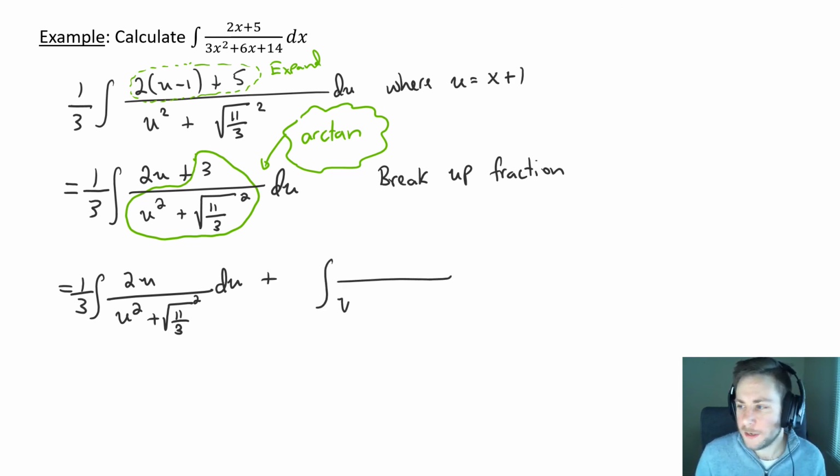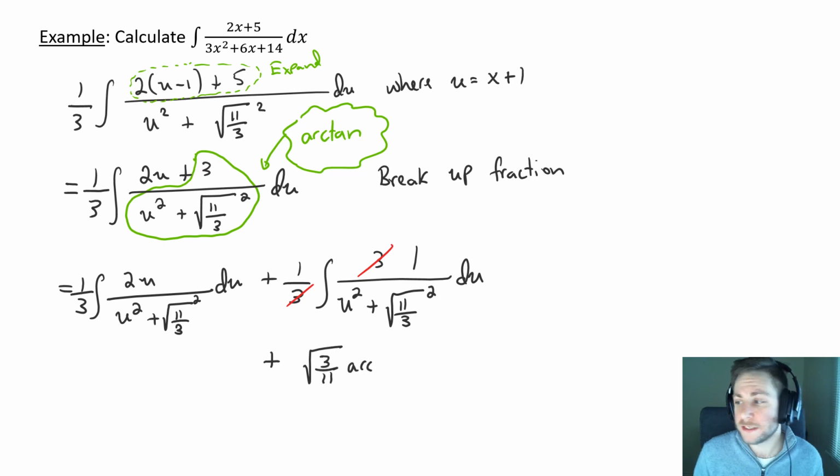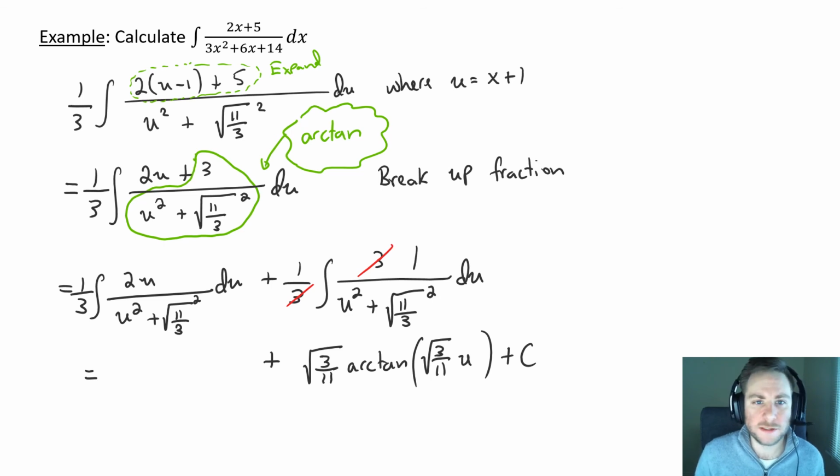Our second term has a numerator of 3, and again, don't forget the 1/3 in front, which needs to apply to both terms after we split our fraction. As a matter of cleanup, we may as well cancel these 3's as well, leaving us with just a 1 in the numerator. And sure enough, this now exactly matches our arctan formula, where a has a value of root 11 over 3 in this case.